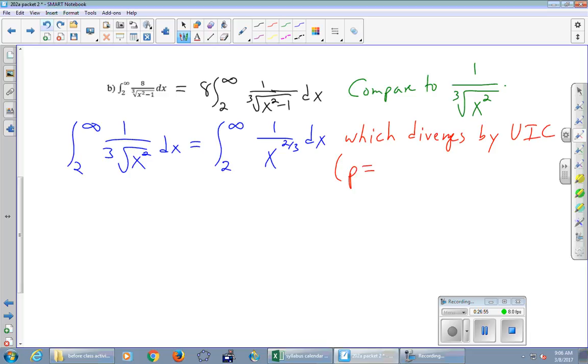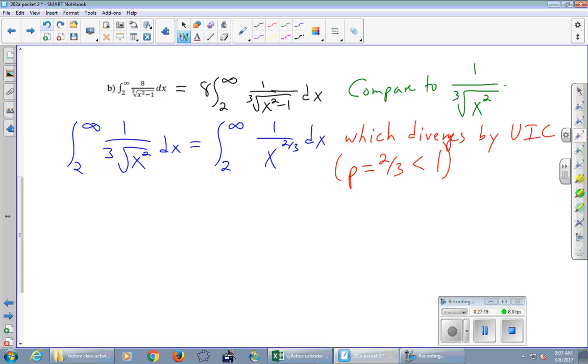How much is p? All right, I'll keep it as 2/3. The magic cutoff between the convergent and divergent is what number? It's 1, and in this case, p is less than 1. Okay, so we know something about the simpler integral: it diverges.